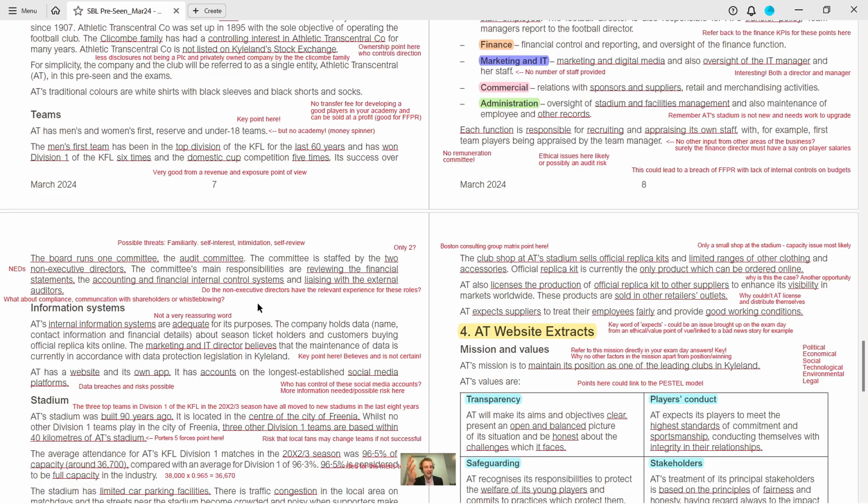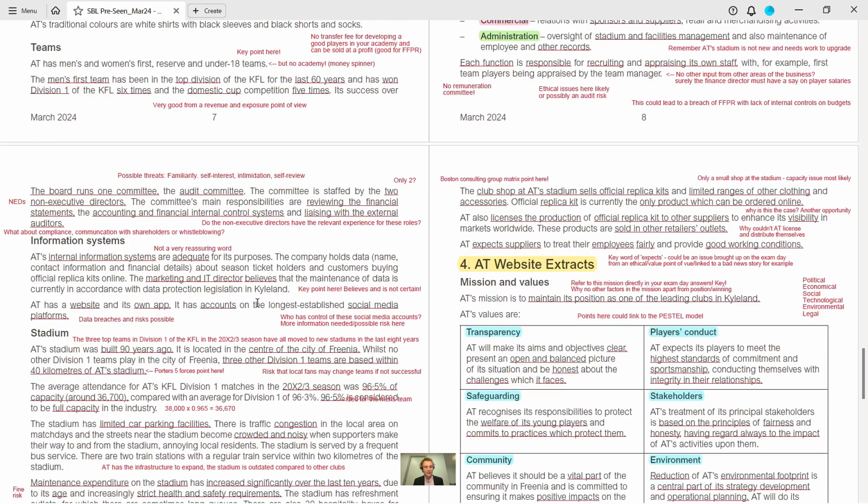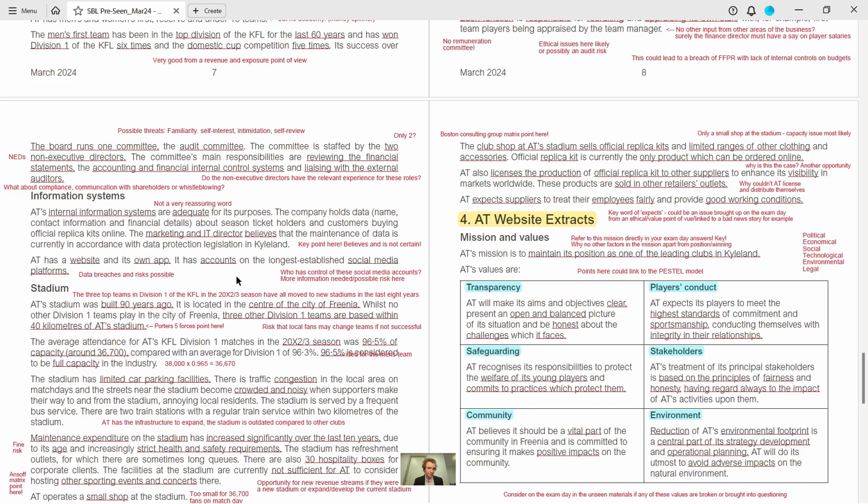It's a case of AT has a website and its own app. It also has accounts on long established social media platforms. And again, I'm thinking to myself, right, data breaches, risks associated with this, if it happened, the fines are also on top of it, lawsuits. And then it says long established social media platforms. Well, who has access to these platforms?